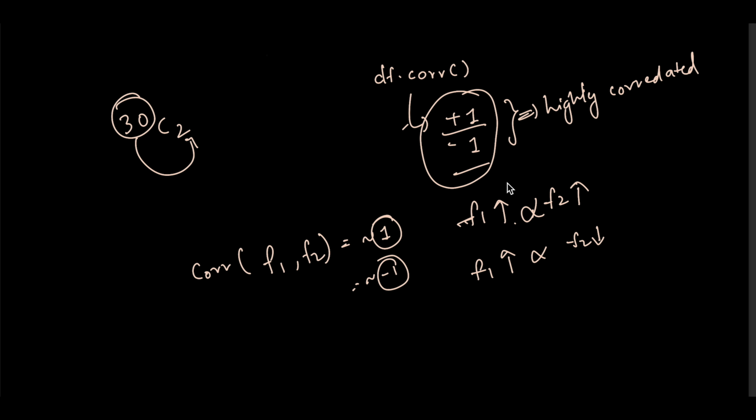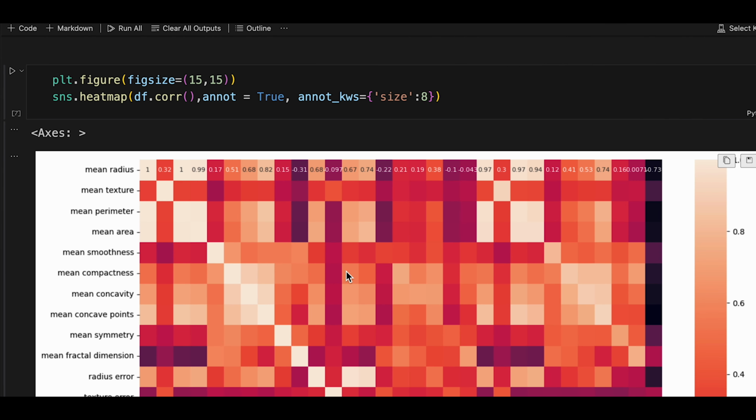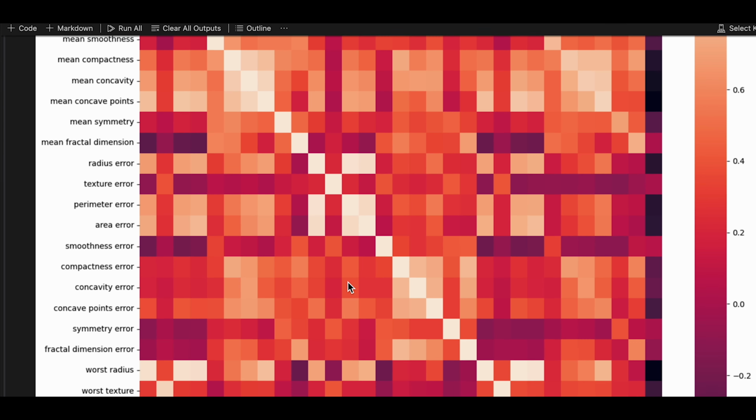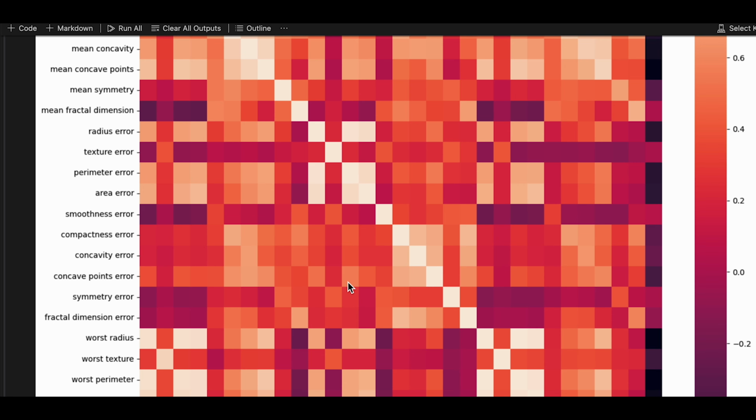If we want to find out whether two features are not at all correlated, we can understand that if the value is near to 0. I hope you got a clear idea of what this correlation value represents. As there are too many features, we are not able to understand much from this big heat map.